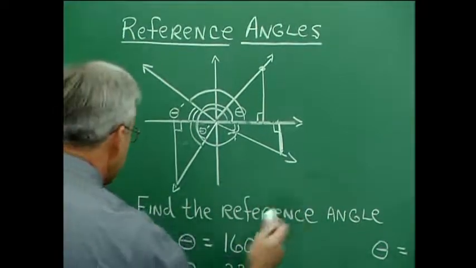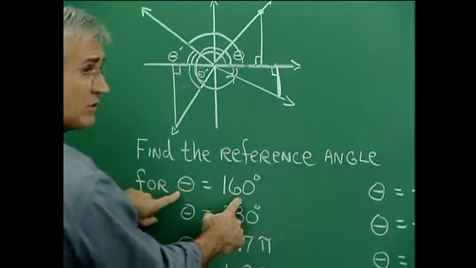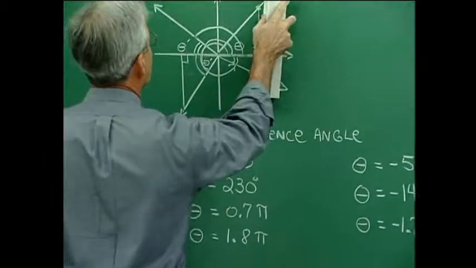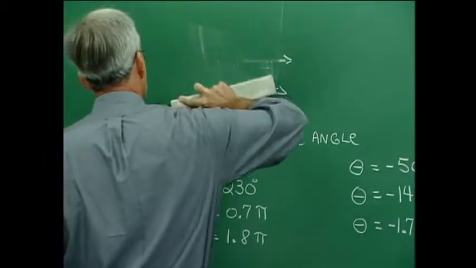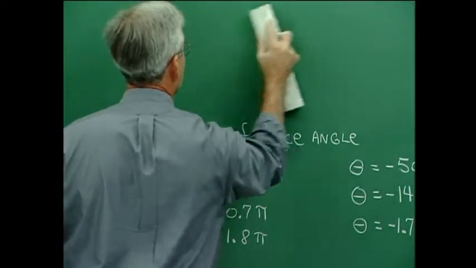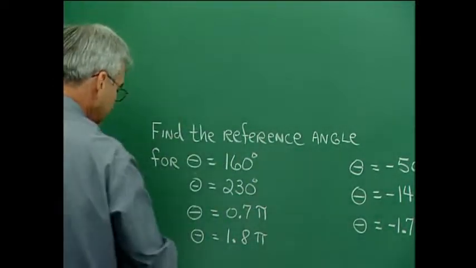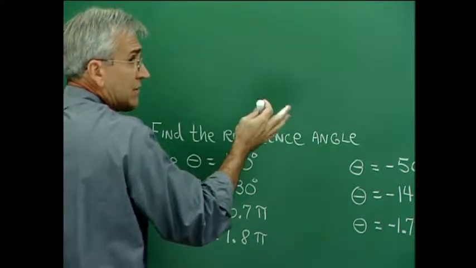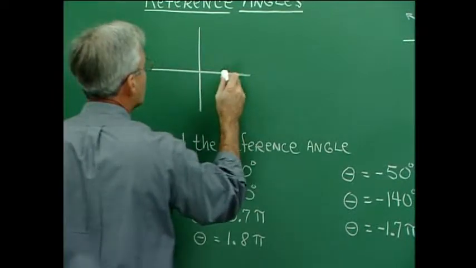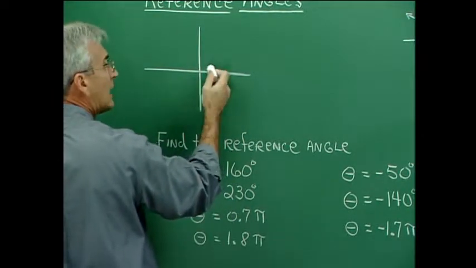If we want the reference angle associated with a theta of 160, then we would think about it like this. And I suggest that you make a little diagram for all of these problems, at least at first, until you really get the hang of it and you're comfortable doing it without the diagram. And you may never find that comfort, but that's okay. Just make the diagram every time. All right, so we have an angle of 160.